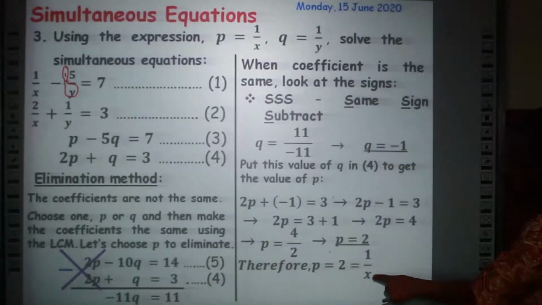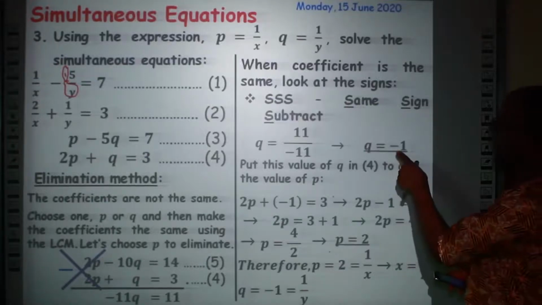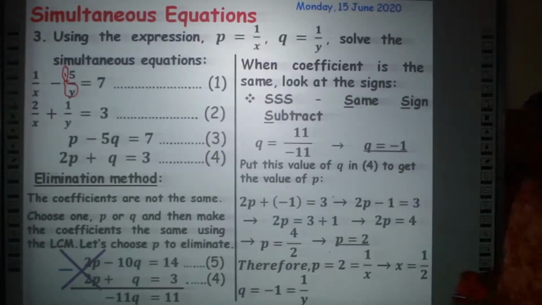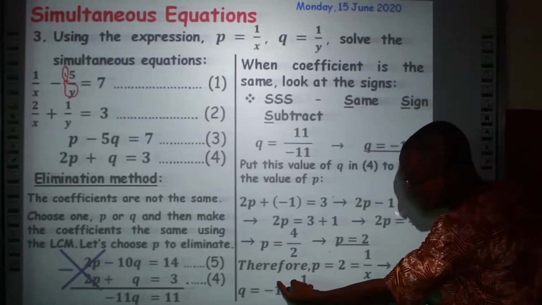So to get the value of x, you simply move the x over there and then y down. So x is equal to 1 over 2. And y, to get y, remember q is minus 1. So you put minus 1 there to be equal to 1 over y. And then again, the y goes up there and then minus 1 comes down.